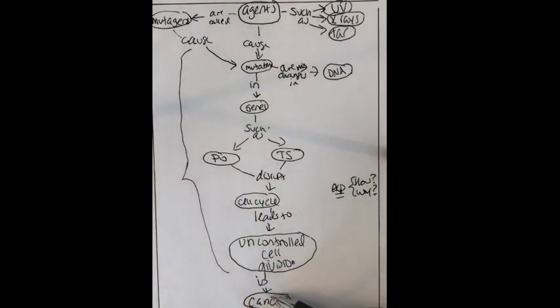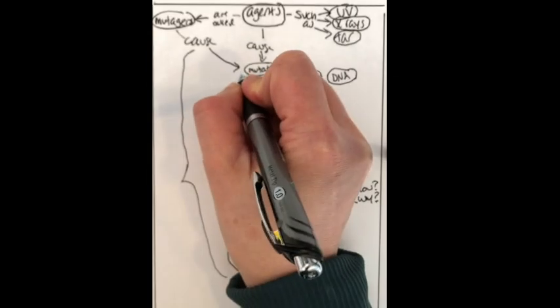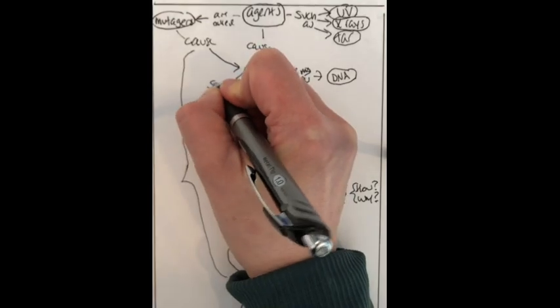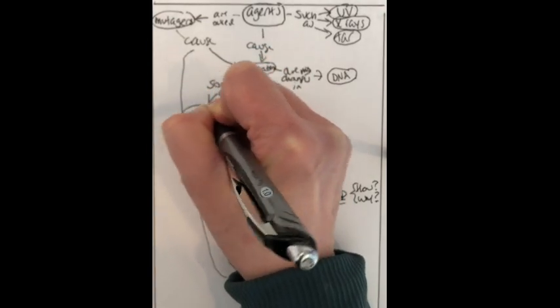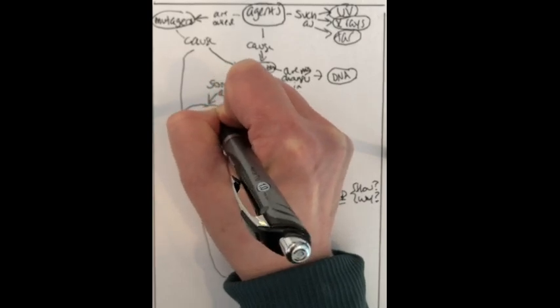That is the reason that you would get cancer. Now, we also know that people get cancer not because they've exposed themselves to any of those mutagens, but because some of these mutations are inherited.